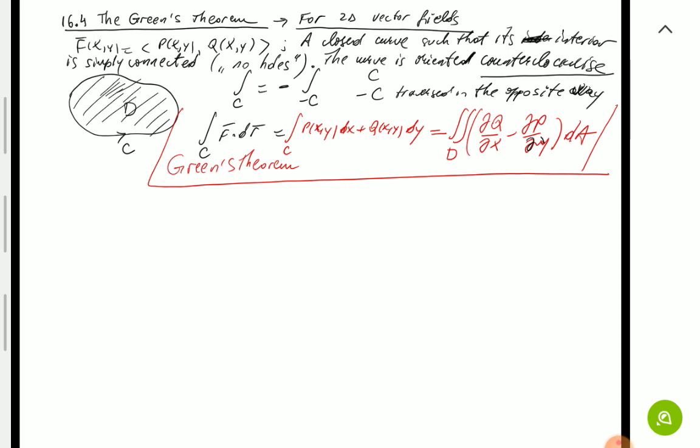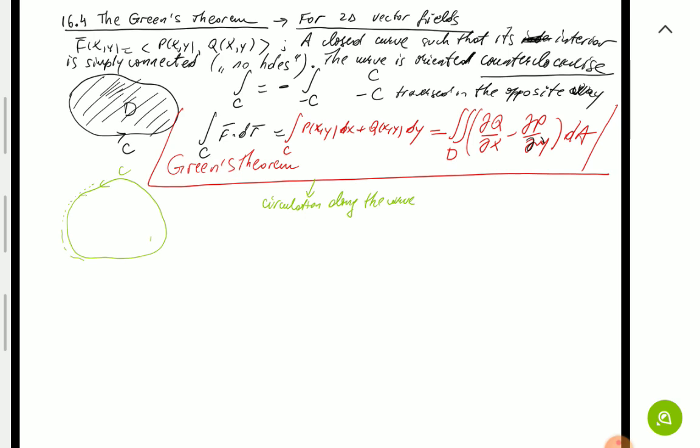Remember that if you look at the line integral around the curve, that line integral essentially measures the circulation around the curve. Okay, so the left-hand side is basically the circulation of that fluid along the curve, or how much water actually swirls around the curve.